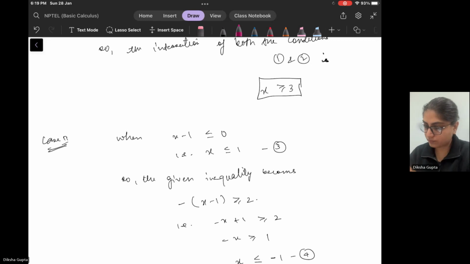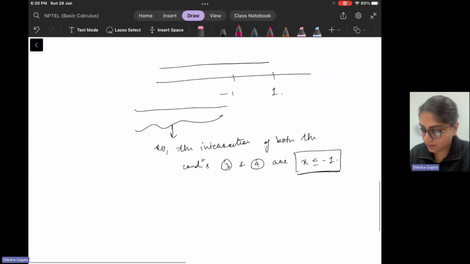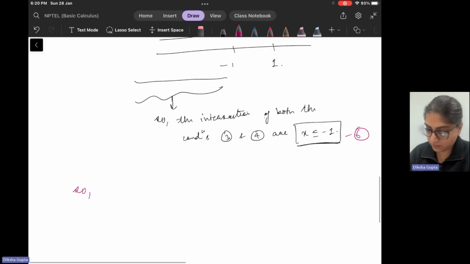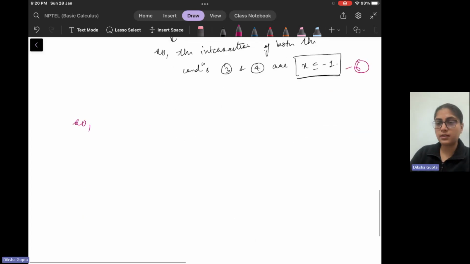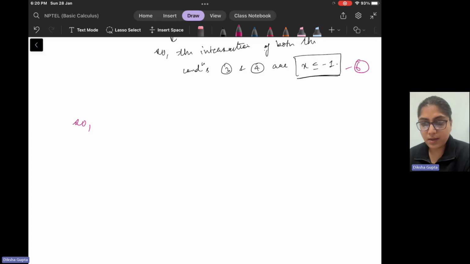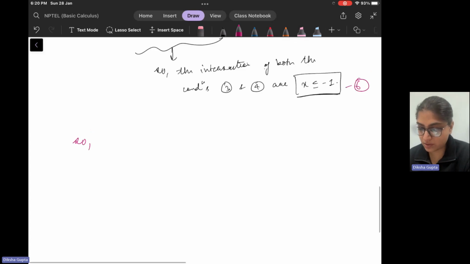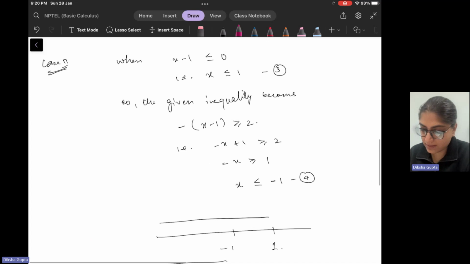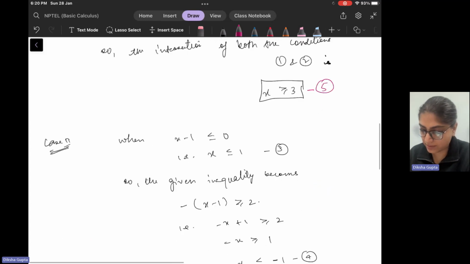So by 5 and 6, whenever there are such kinds of questions, majorly students get confused whether you have to take intersections of the conditions 1 and 2 or 3 and 4.